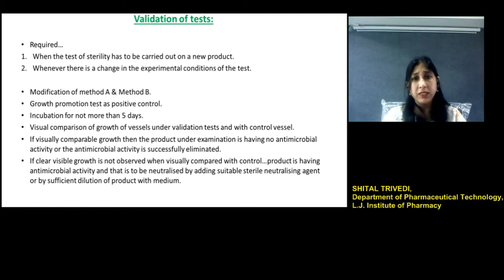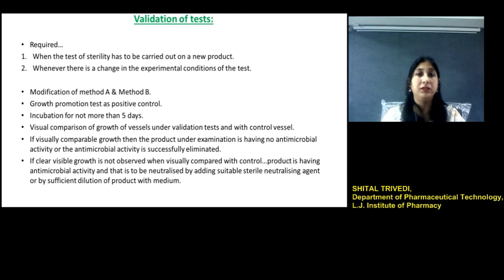This test is used to check whether the preparation or the product has any antimicrobial activity or not. If visually comparable growth is observed in the media under validation of test and in the growth promotion test, then this can be interpreted as the preparation not having antimicrobial activity.